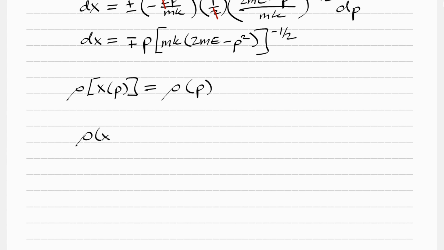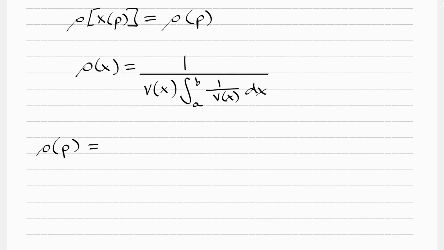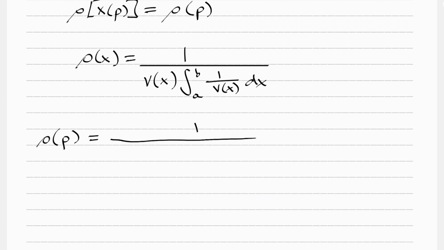So rho of x before, I'll remind us, was equal to 1 over v of x times T, which is integral a to b of 1 over v of x dx. And so now we can write rho as a function of p is equal to 1 over all of this stuff. So v of x is now just v of p, no problem there.